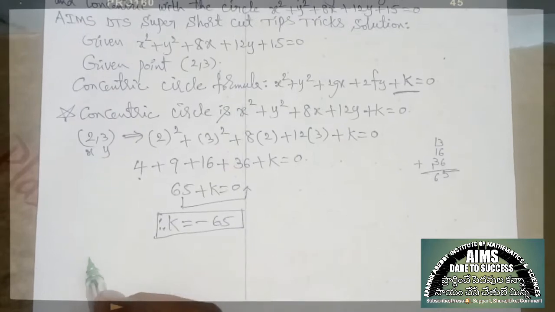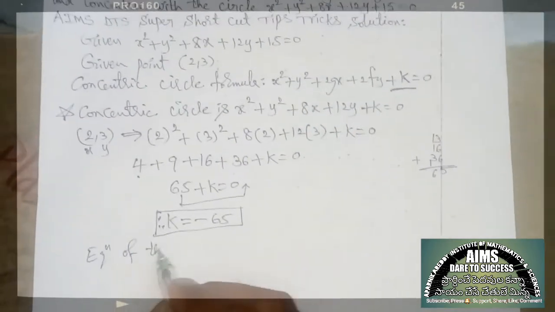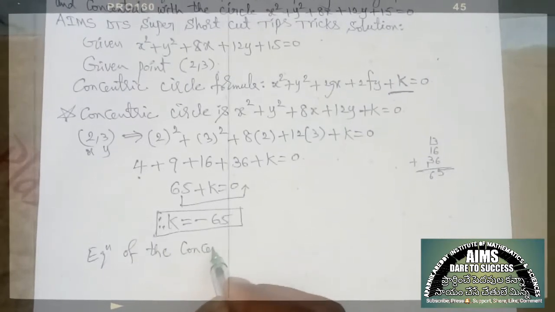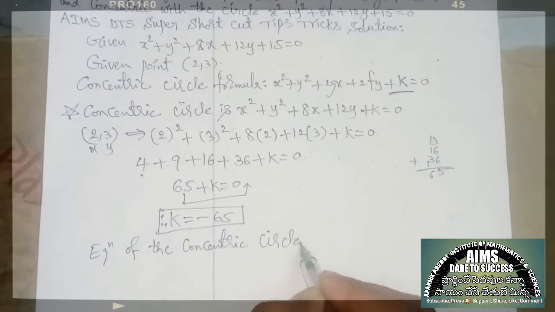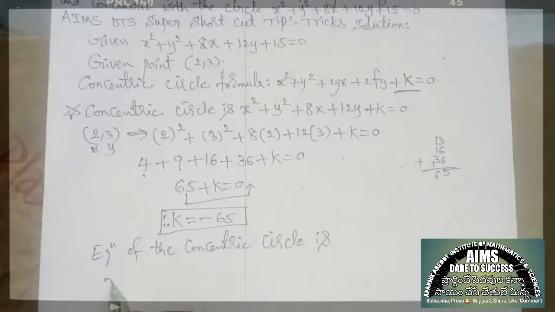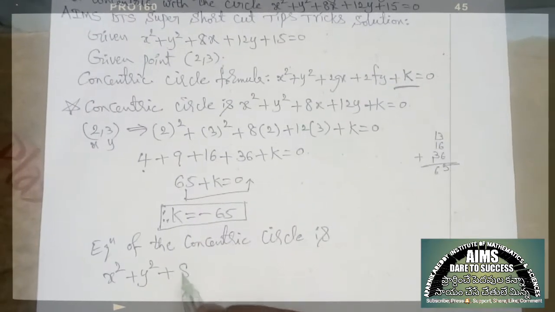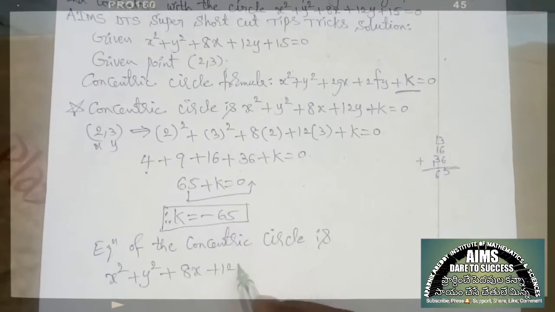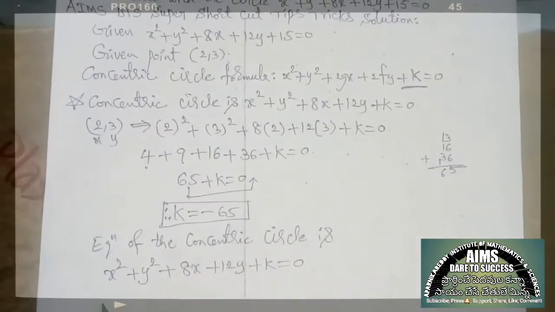So the equation of the concentric circle is x square plus y square plus 8x plus 12y plus k is equal to 0. I am writing the k value here.